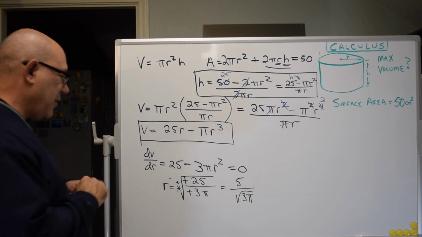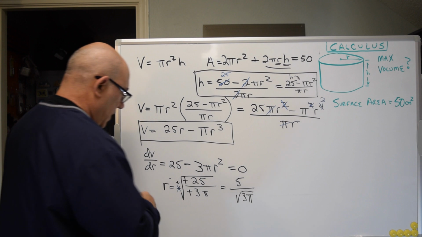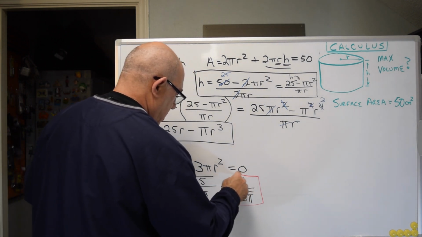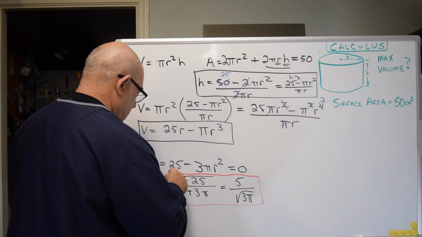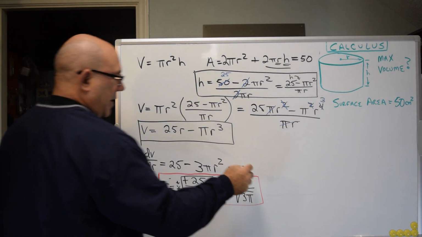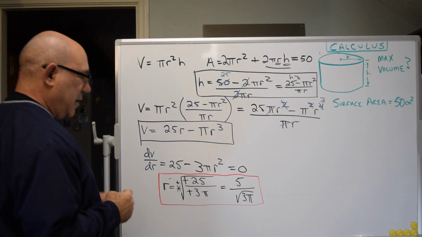Now that we have the radius, circle that in red, we can plug that right back into our height.